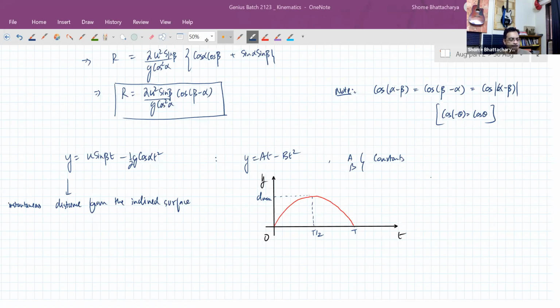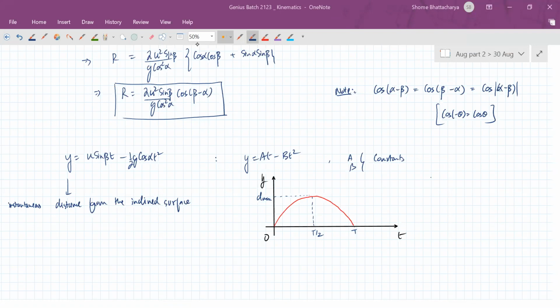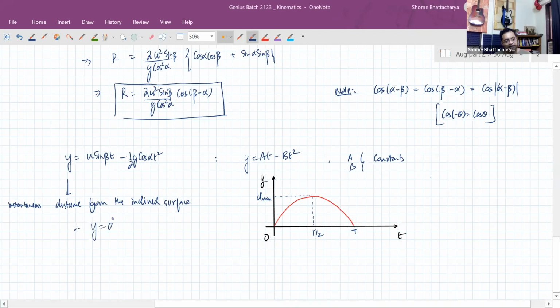So you can see that y is the maximum distance at t equal to capital T by 2, or you can also say when vy is equal to 0. That's another way to understand this.